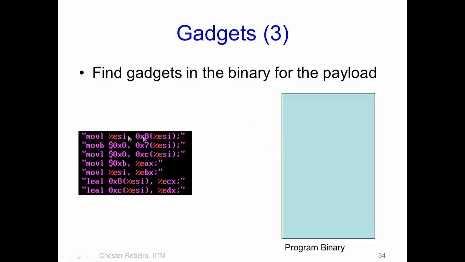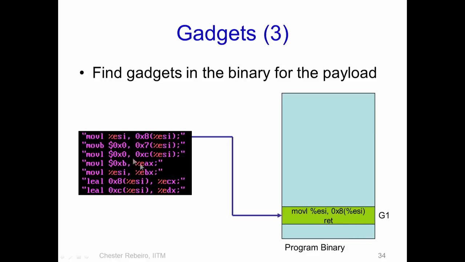So, for instance, if we take this particular payload, the attacker may find that somewhere in the program's binary, among all the instructions that are present, there is a particular gadget which does almost the same thing that is required.